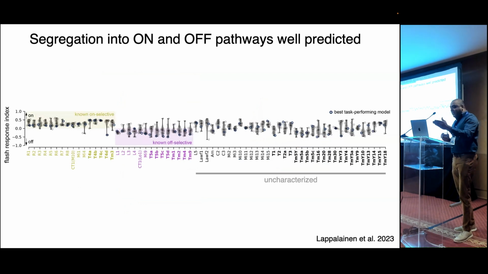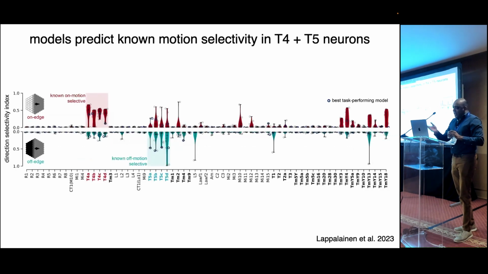And if you train 50 models, what we find is that most of the models, the median model for instance, gets the prediction right across all of these cell types. So we can predict across this ensemble of models with basically 100% accuracy the segregation into on and off pathways. Similarly, we can predict motion for on motion and off motion in T5 neurons and not in their inputs.